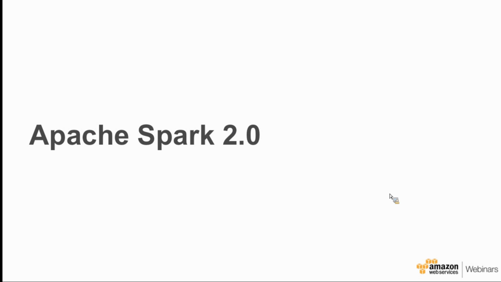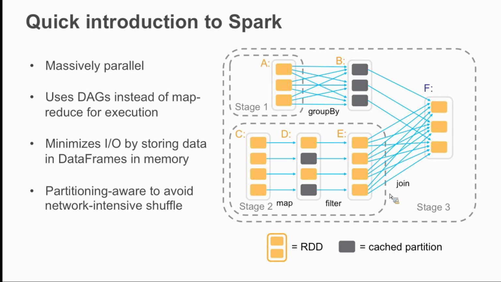All right, let's talk about Spark, and in particular Spark 2. Spark 2 came out a few weeks ago. This is the very latest version of Spark, and Spark 2.0 is in EMR 5. For those that are not yet familiar with Spark, it's a massively parallel in-memory compute engine. It's different than the traditional MapReduce.